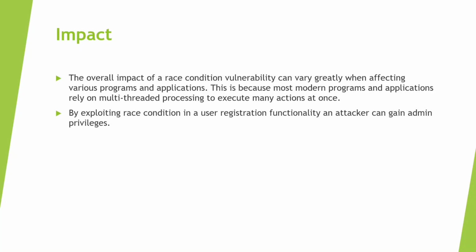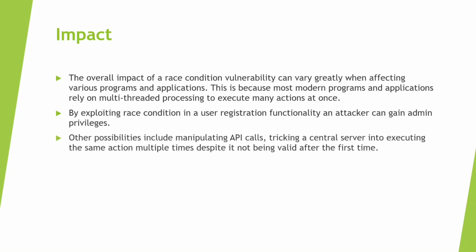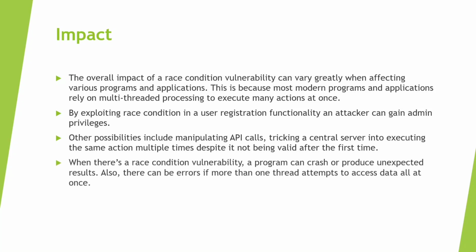By exploiting a race condition in user registration functionality, an attacker can get admin privileges, and other possibilities include manipulating API calls, tricking the central server into executing the same action multiple times, and making a program crash or perform a DOS, denial of service attack, and it can also be used to generate errors and gain more information about the backend services.